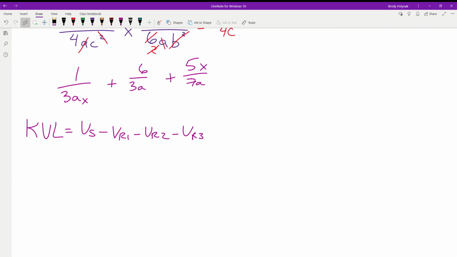Well, when it comes to the fractions, for voltage, we could have the square root of power times resistance. That's voltage. We could also have power over current. And we could have current and resistance.